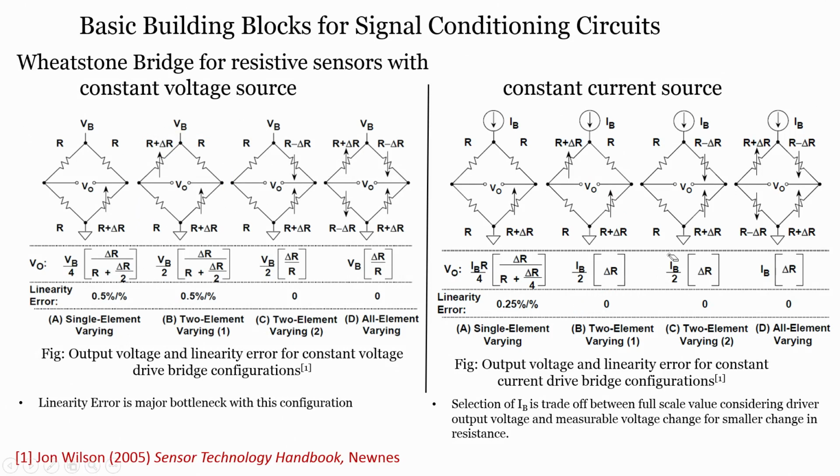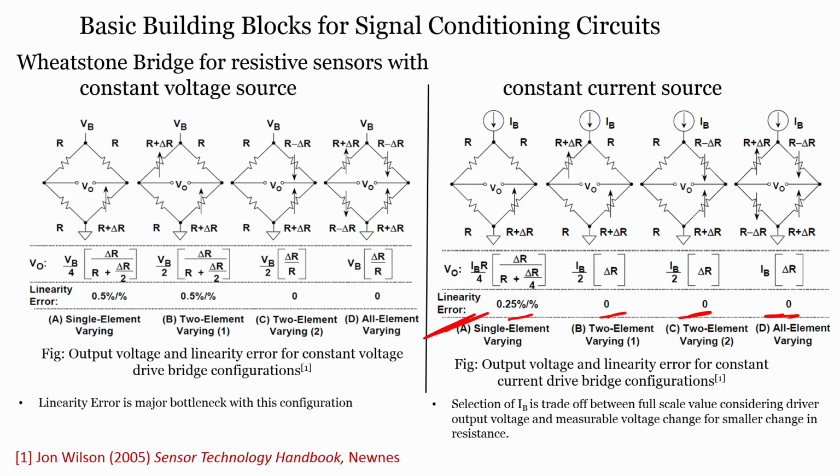Here the output voltage will be different because now we are using a constant current source. Finally, for the 2 varying element configuration we have IB by 2 delta R, and for all varying elements we have IB into delta R. The output voltage and linearity error for constant current drive bridge circuit configurations are shown here. Here the linearity error is 0.25, 0, 0 and 0.